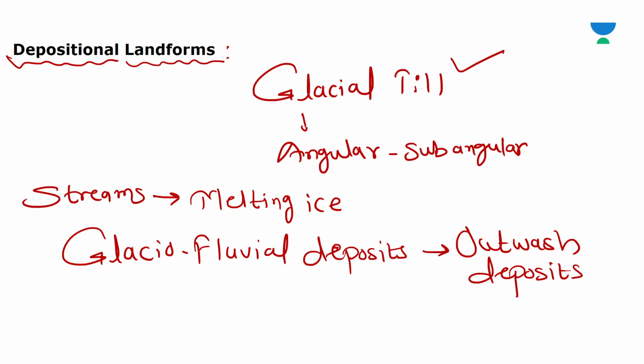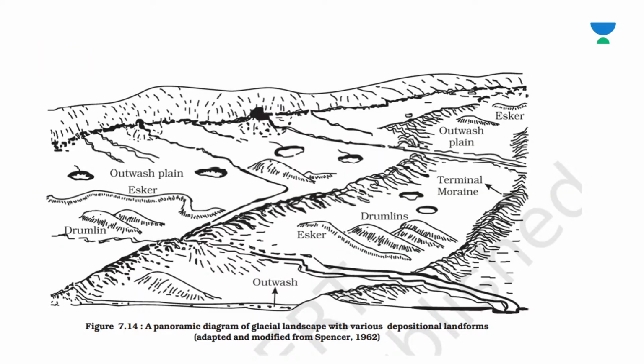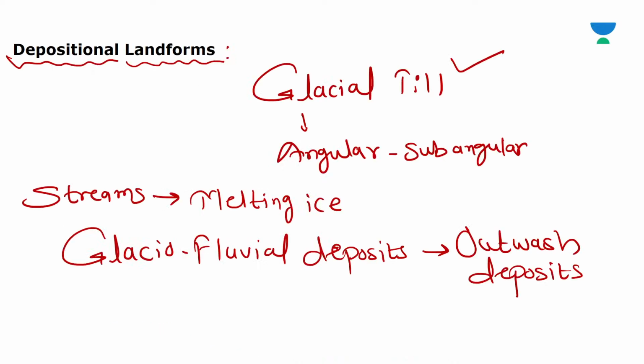So unlike till deposits, the outwash deposits are roughly stratified and assorted. The rock fragments in outwash deposits are somewhat rounded at their edges. Yes, see the diagram where we will discuss the recap of all these outwash plain and other terminologies.